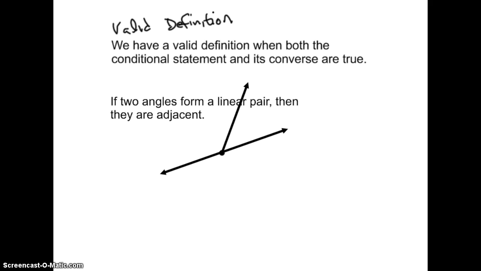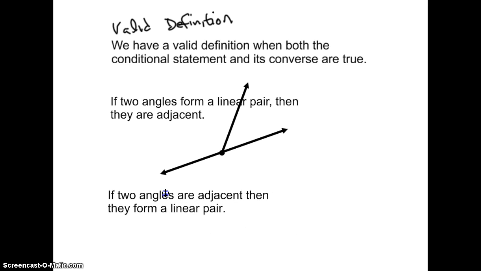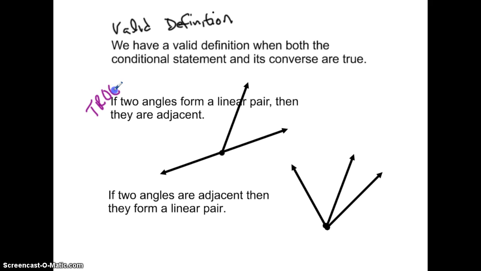Let's take a look at the converse of that. If two angles are adjacent, then they form a linear pair. Well, let's make some adjacent angles here. We've got an angle next to another angle, so we've got two adjacent angles. Do they form a linear pair? No. So we have the situation where the conditional statement is true, and now the converse is false.